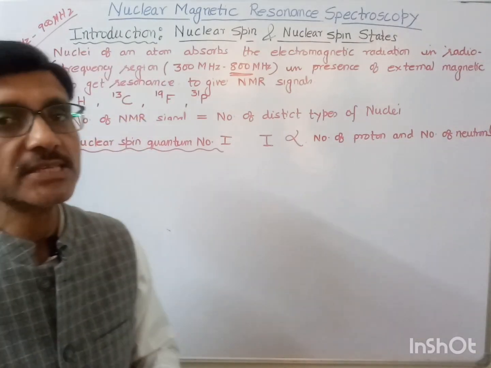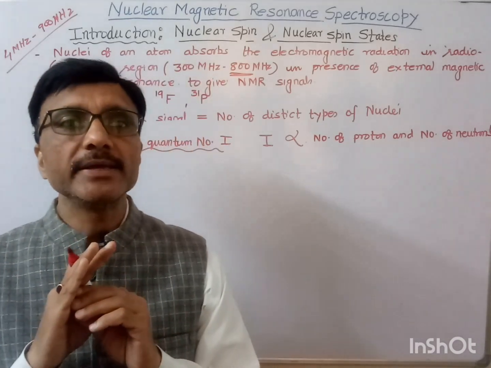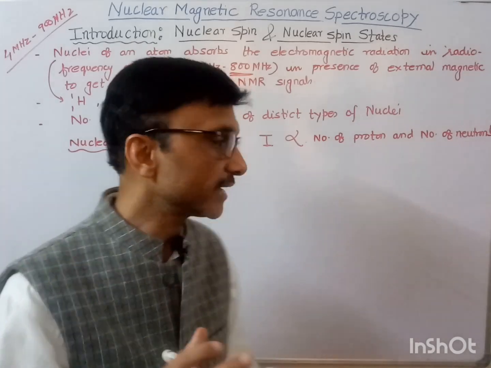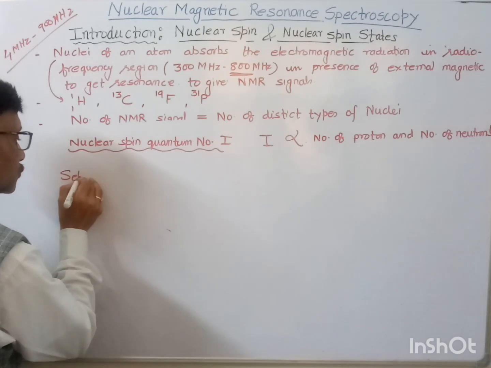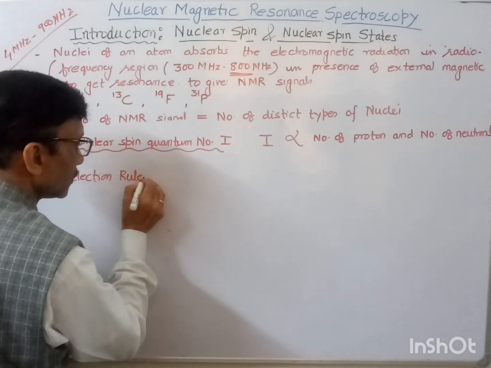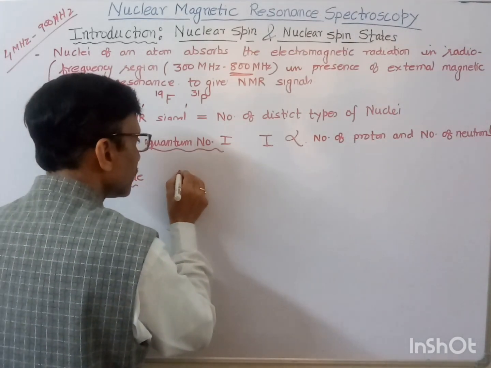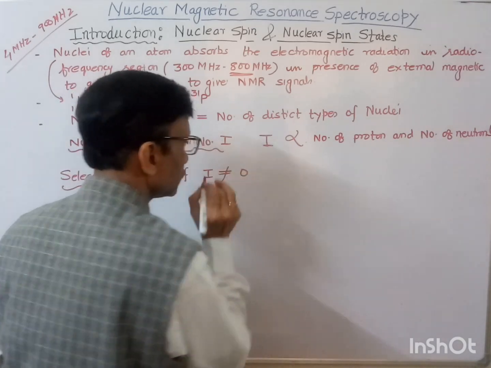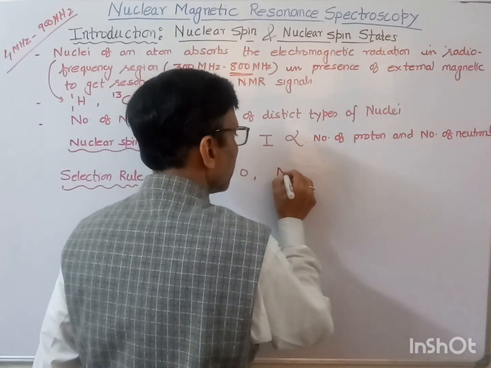Suppose any nucleus has I equal to 0, then that nucleus is an NMR inactive nucleus. So this is one of the selection rules. So what does this selection rule for NMR spectroscopy tell? The selection rule is that if I is not equal to 0, then only the nucleus is NMR active.